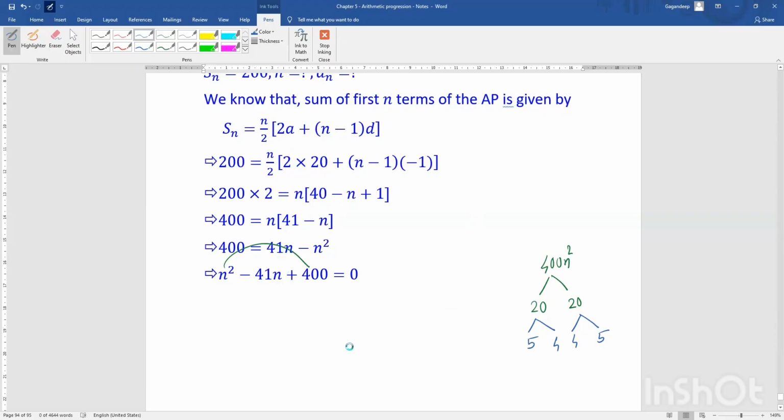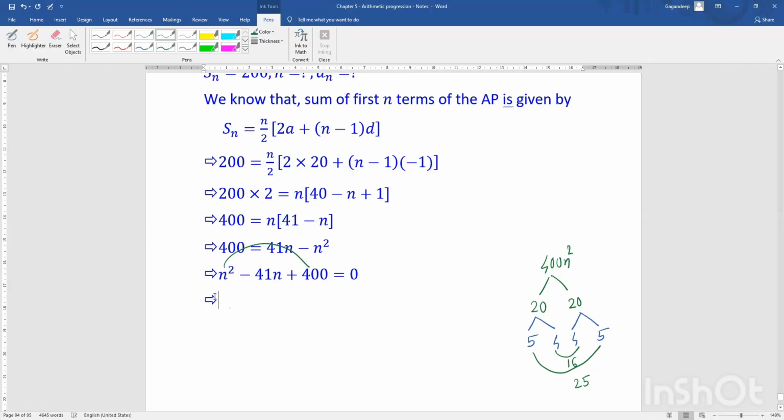So 5 5s are 25 and 4 4s are 16. 25 plus 16 will give you 41.